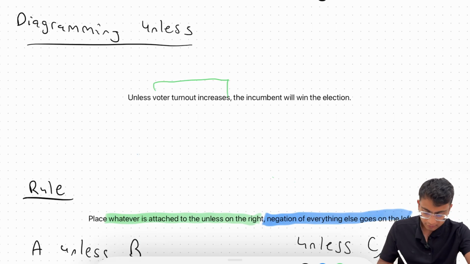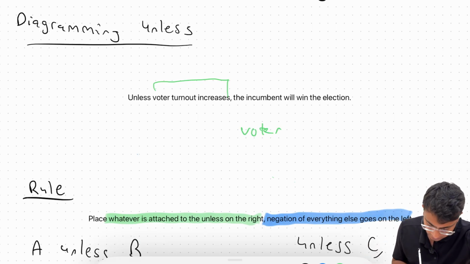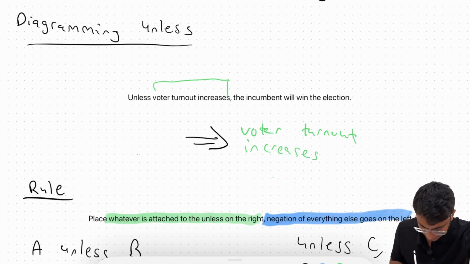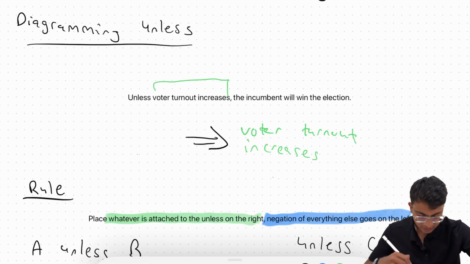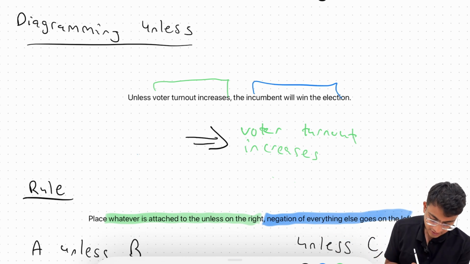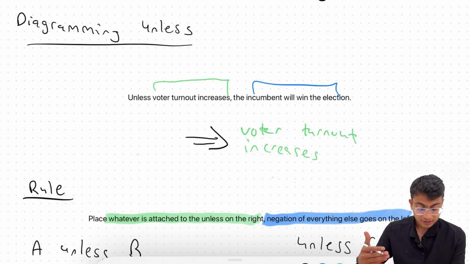Voter turnout increases is attached to the unless, so that will go on the right. Right, we have our arrow as always, and the negation of everything else goes on the left. So in this case, incumbent will win the election.